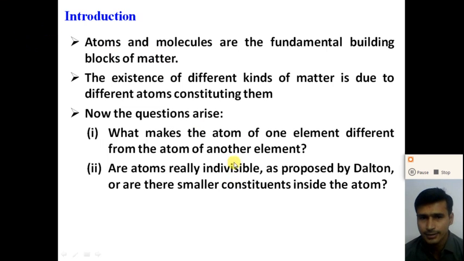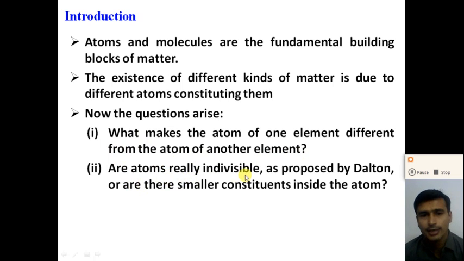So the existence of different kinds of matter is due to the different atoms constituting them, right? Now the question arising in your mind: what makes the atom of one element different from the atom of another element? How are the atoms of one element different from the atoms of another element?